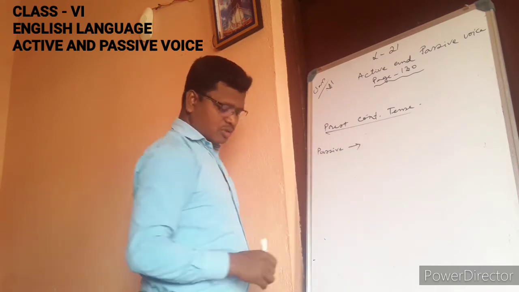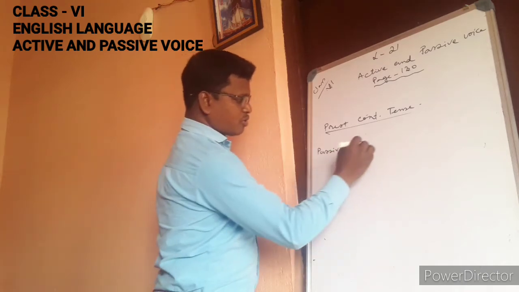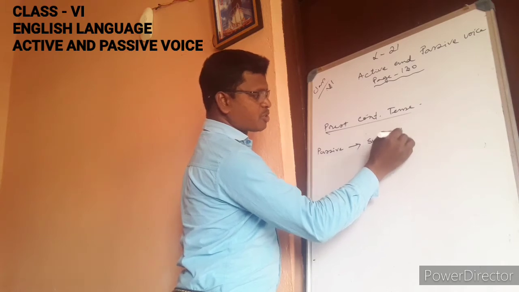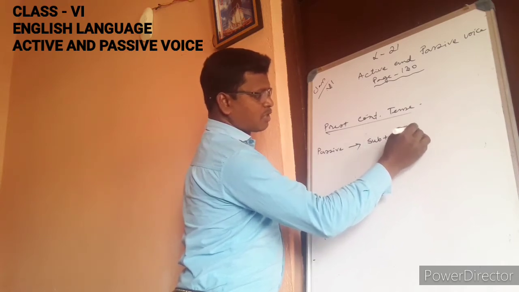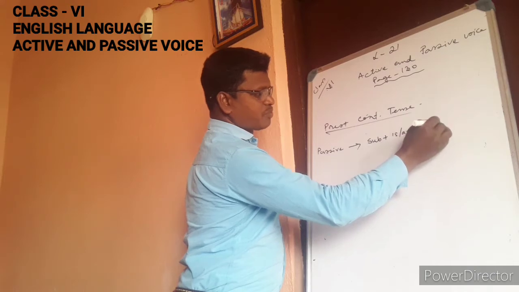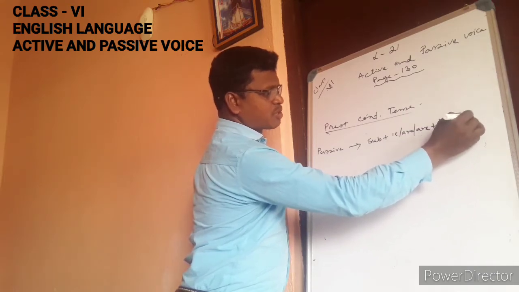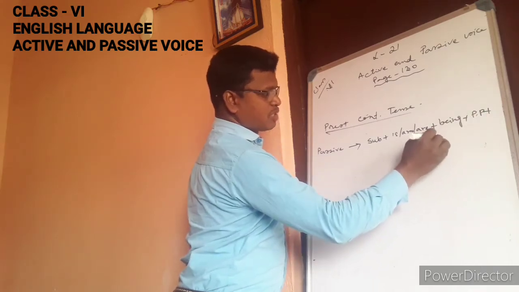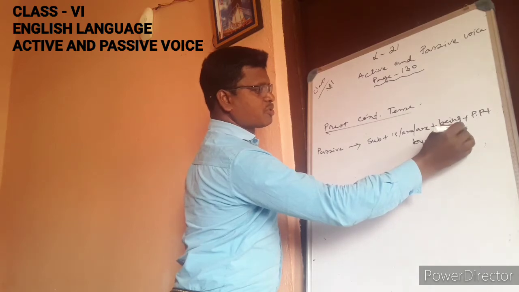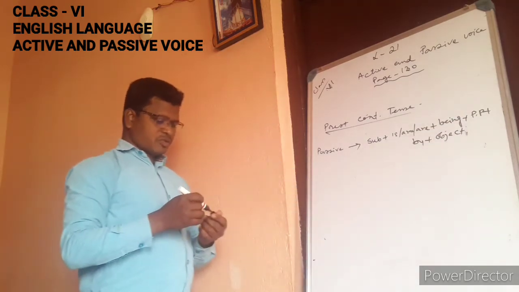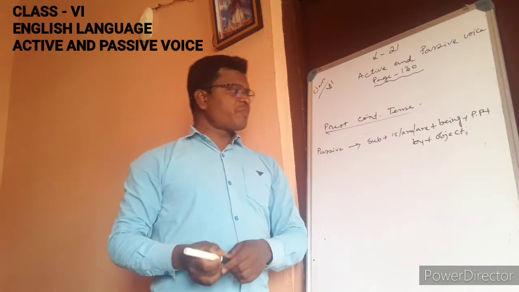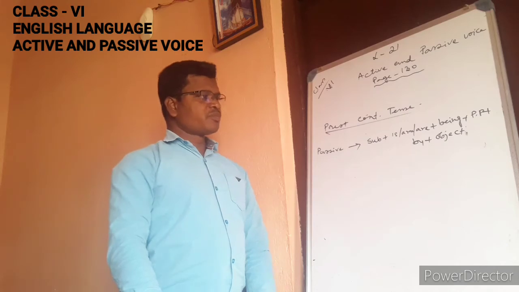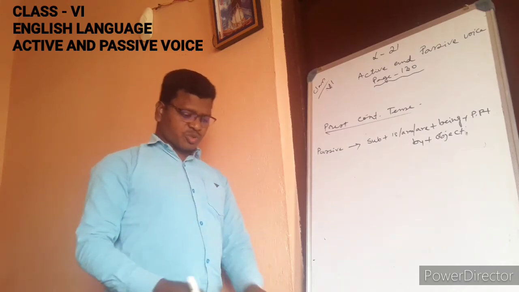You will have a subject, then after the subject, the helping verb am, is, are, plus being, plus past participle, plus by, plus object. So this we must remember: subject plus am/is/are plus being plus past participle of the main verb plus by an object. So this is what you will be writing.